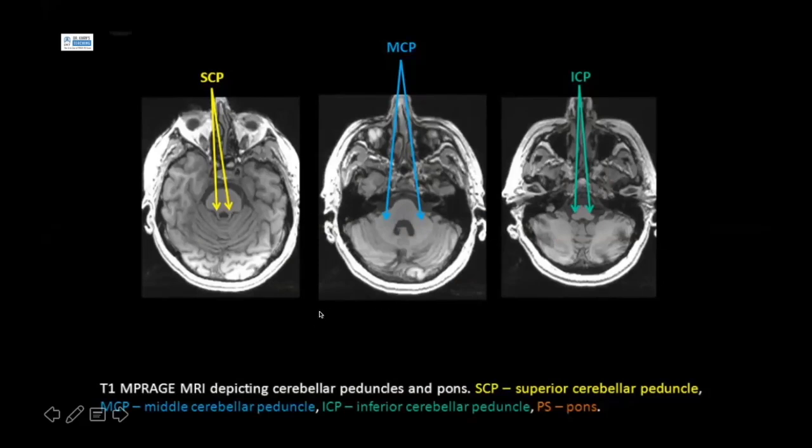Realistically on your exam, if you're going to be asked this, it's most likely going to be the middle cerebellar peduncles, because the superior and inferior ones can be quite difficult to detect on MRI imaging. So I would really focus on the middle cerebellar peduncles, which connect the brainstem to the cerebellum, particularly the pons to the cerebellum.